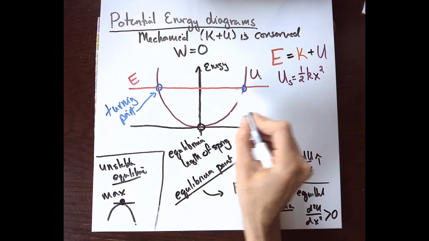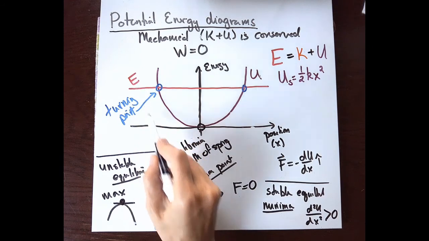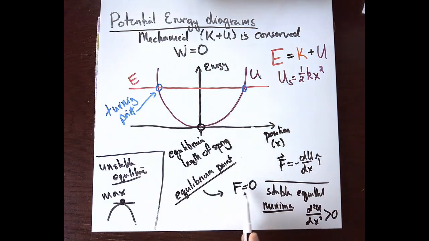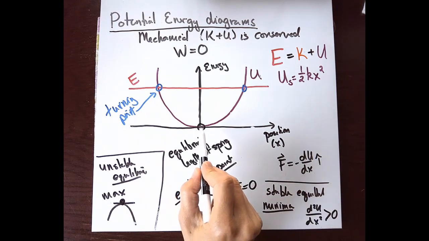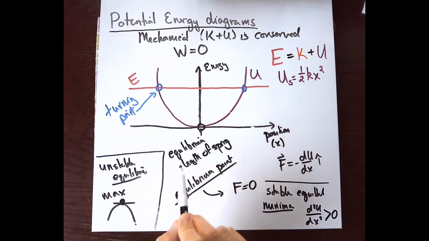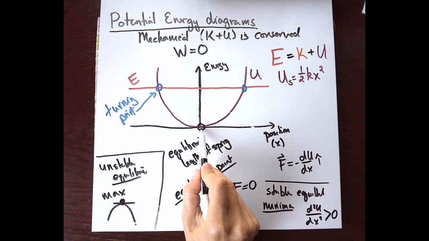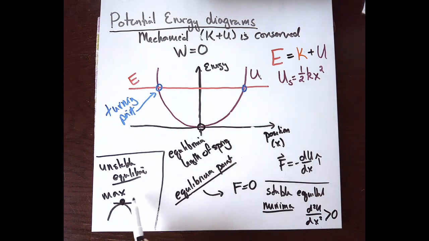That's where the marble turns around, given how much total energy it has. Equilibrium points, that's where the slope of the track is zero, so the force is zero, or it's a place where you could potentially stick the marble and balance it, either in a stable equilibrium, a minima like this, or an unstable equilibrium, a maxima like this.